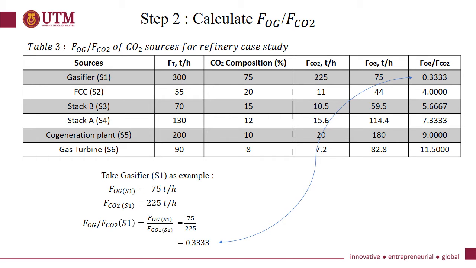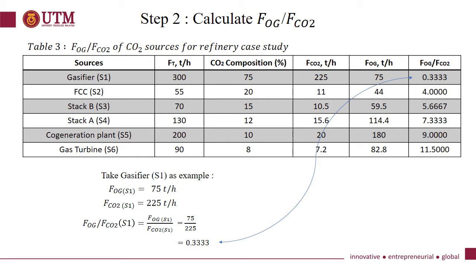FOG of S1 is 75 while the FCO2 is 225. So we obtain the ratio by dividing FOG of S1, which is 75, by FCO2 of S1, which is 225. We will get FOG over FCO2 of S1, which is 0.3333.